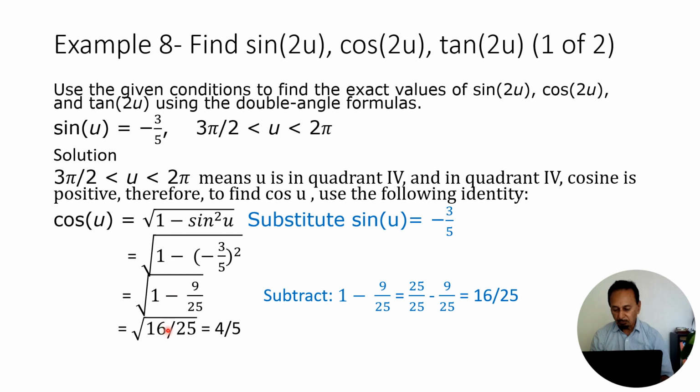We change 1 to 25 over 25 and subtract 9 from 25, and it becomes 16 over 25. Now we take the square root of each. The square root of 16 is 4, and the square root of 25 is 5.